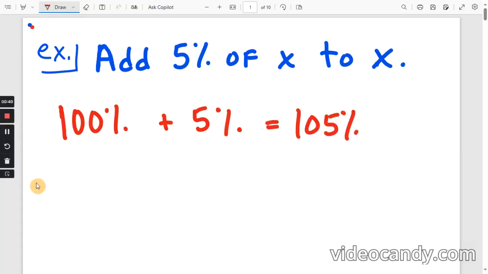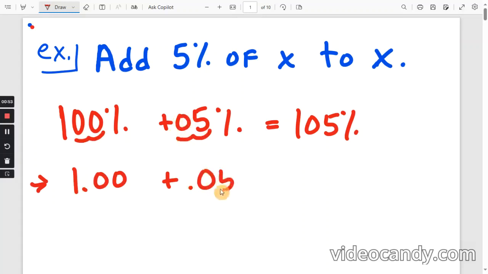Okay, but in terms of decimals, if you move the decimal over two places, that's 1.00. And if you move this decimal over two places and add a 0, it's going to be 0.05. So that equals 1.05.